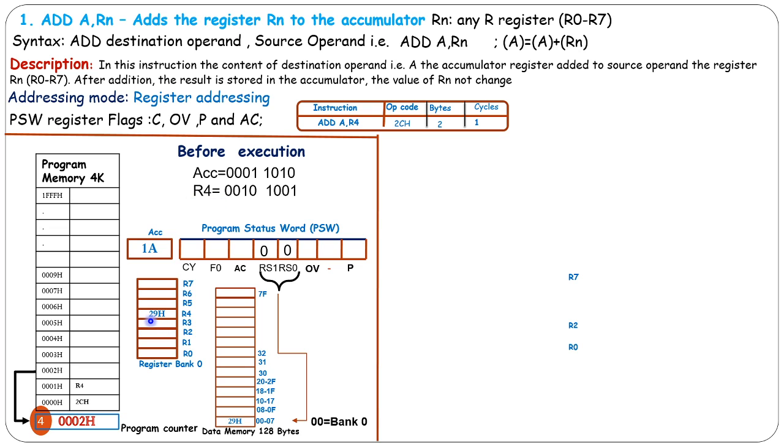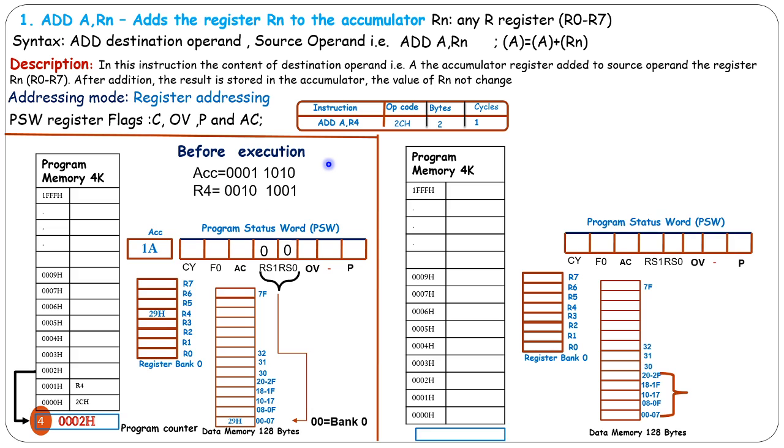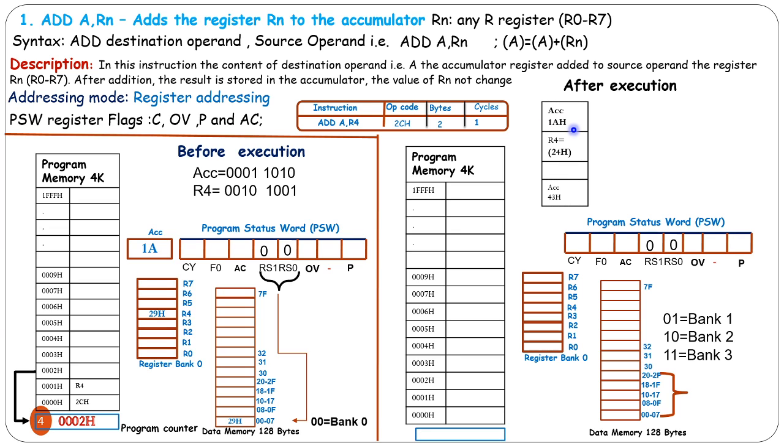That is 29H, in binary 0010 1001. Now these two get added like this. After execution, the content of the accumulator, that is 1A, and the content of R4, 29, are added. So the addition will be like this.